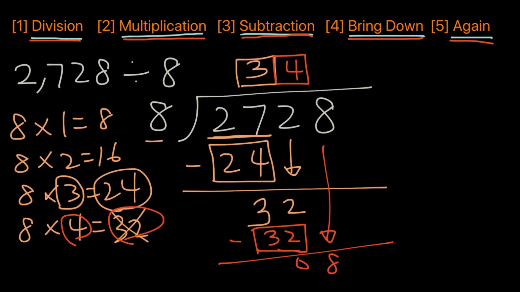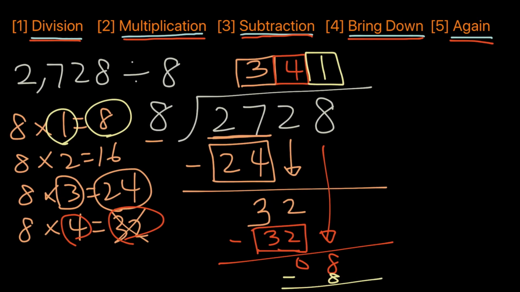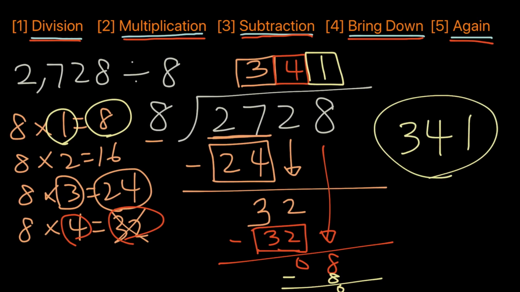That was easy. We get that as 1. Minus 8, so that gives us 0. So again, the remainder is 0, so our answer would be 341. So these four are examples of how you would do long division with one-digit divisors.